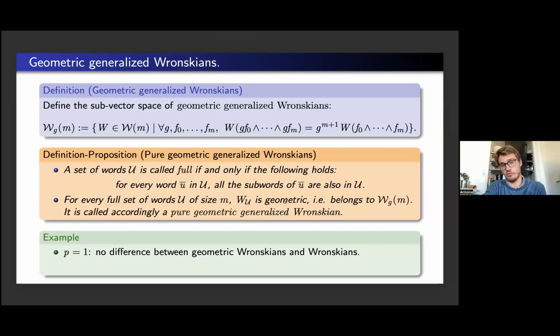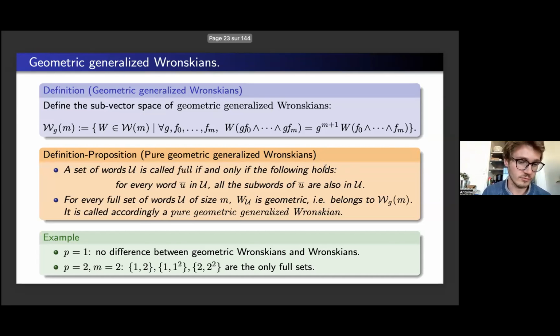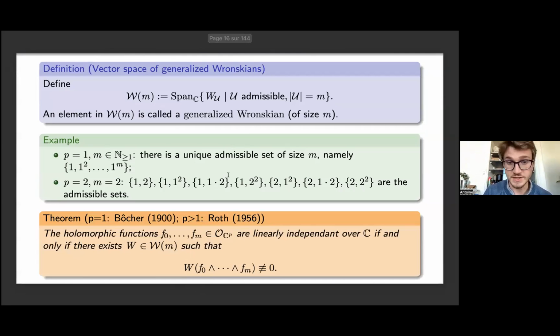So for example, for p equal to 1, there is absolutely no difference between geometric Wronskians and Wronskians. Whereas for p equal to 2 and m equal to 3, one can check that these ones are the only full sets amongst the admissible ones. So for instance, this set is not a full one because the subword 2 does not belong to the set.